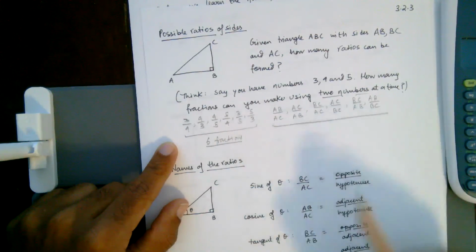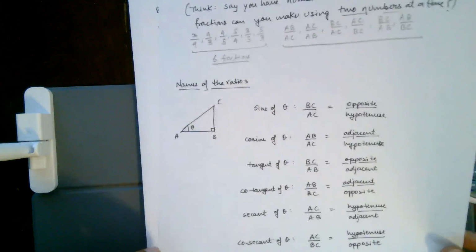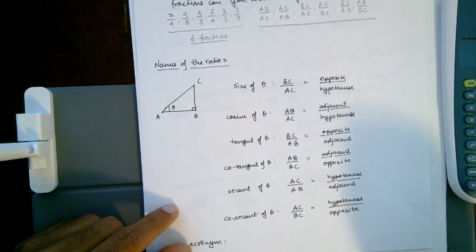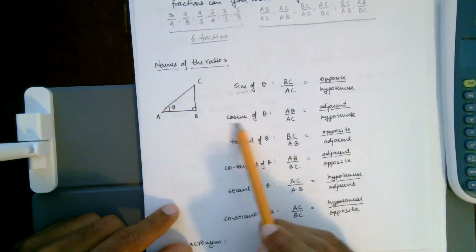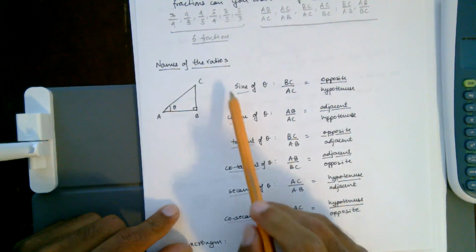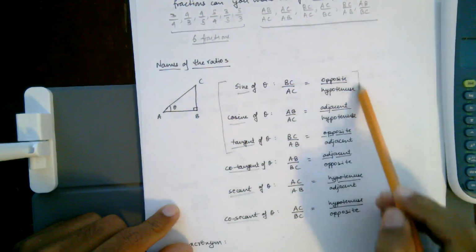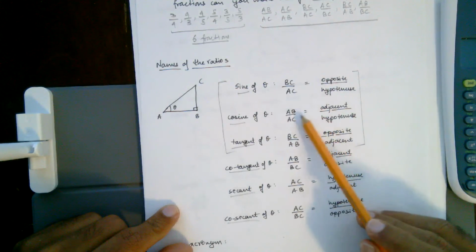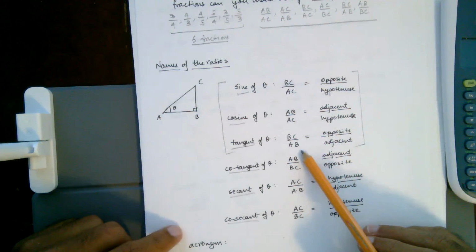So 6 fractions. And those are going to be the names of our trigonometric ratios. These names are sine, cosine, tangent, cotangent, secant and cosecant.